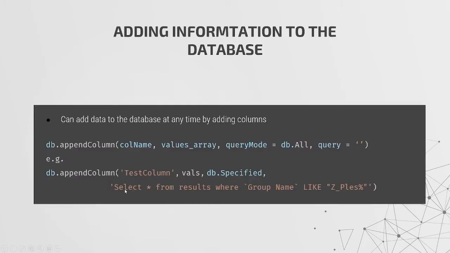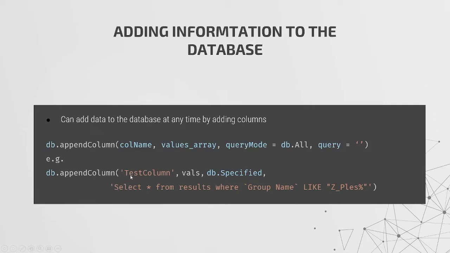And we can do that via this db.appendColumn function. It takes the name for the new column, an array of values to be updated, and a query mode and a query string, just like we've seen before.